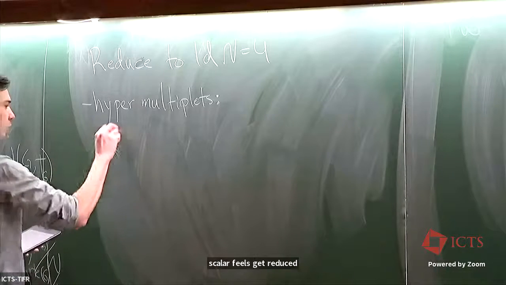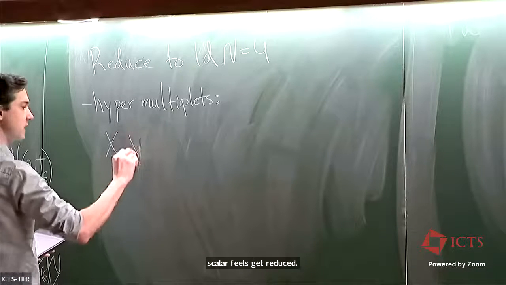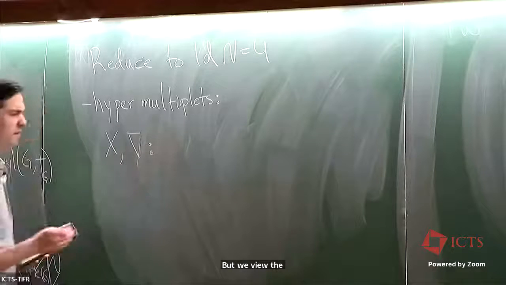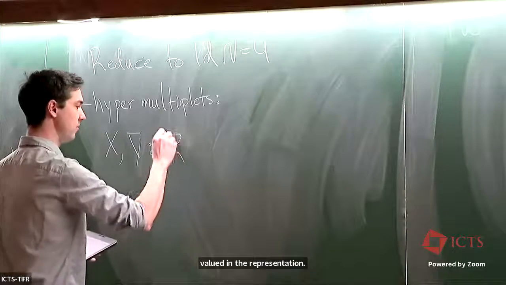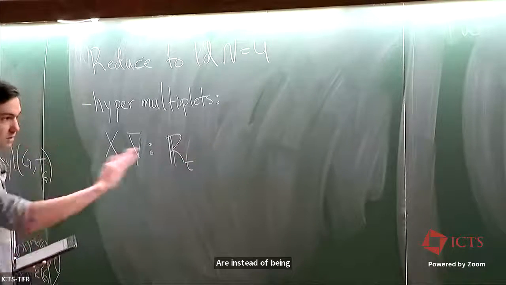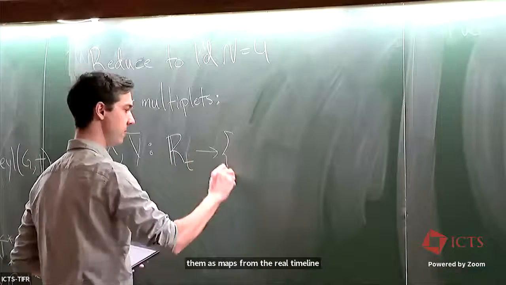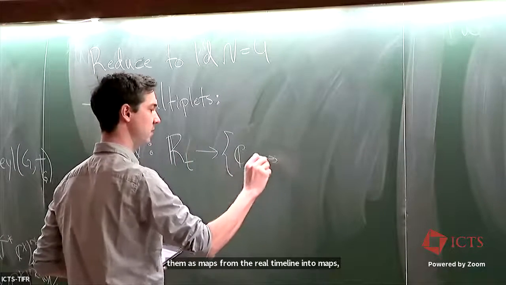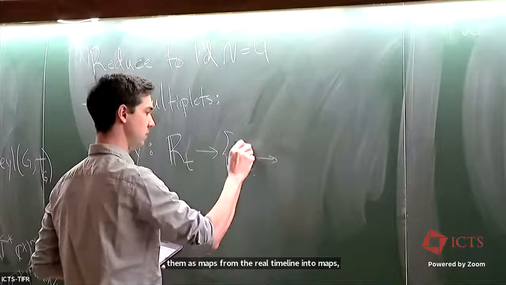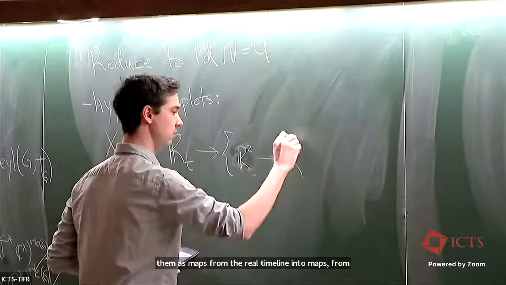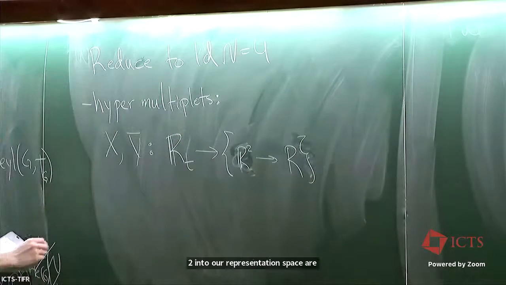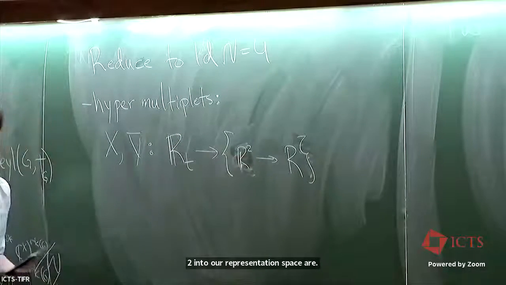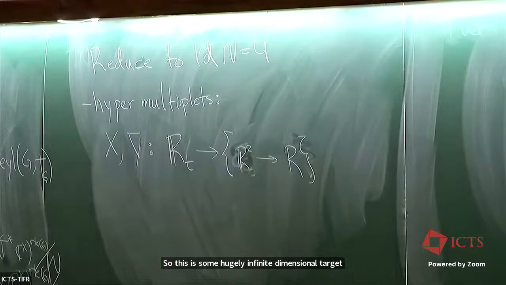We view the fields x and y bar, both valued in the representation R, instead of being maps from R3 into R, as maps from the real timeline into maps from some R2 into our representation space R. So this is some hugely infinite dimensional target space for our quantum mechanical theory.